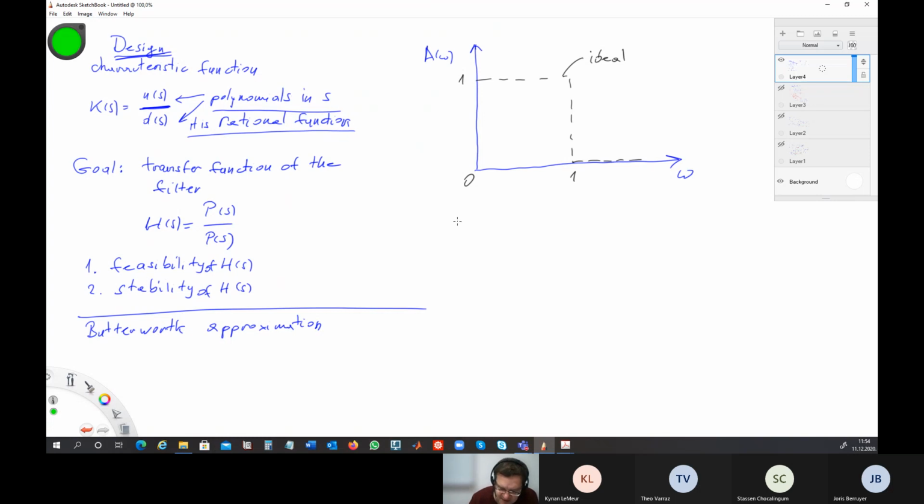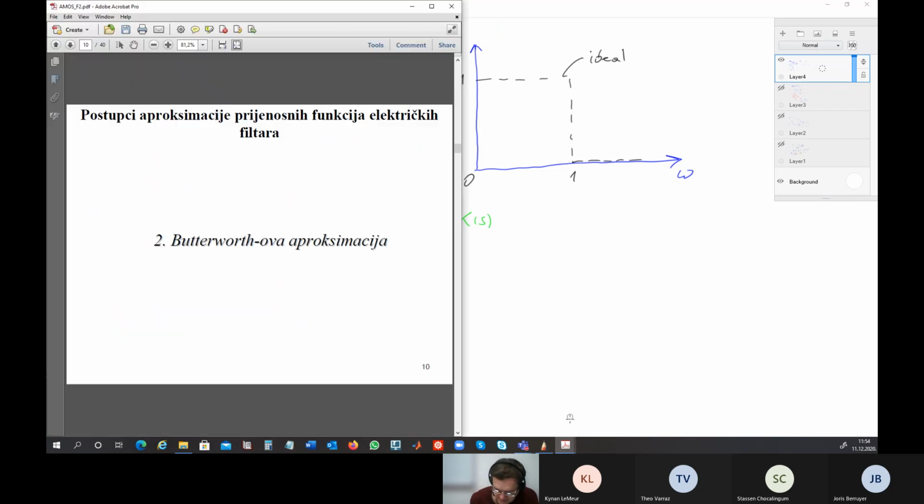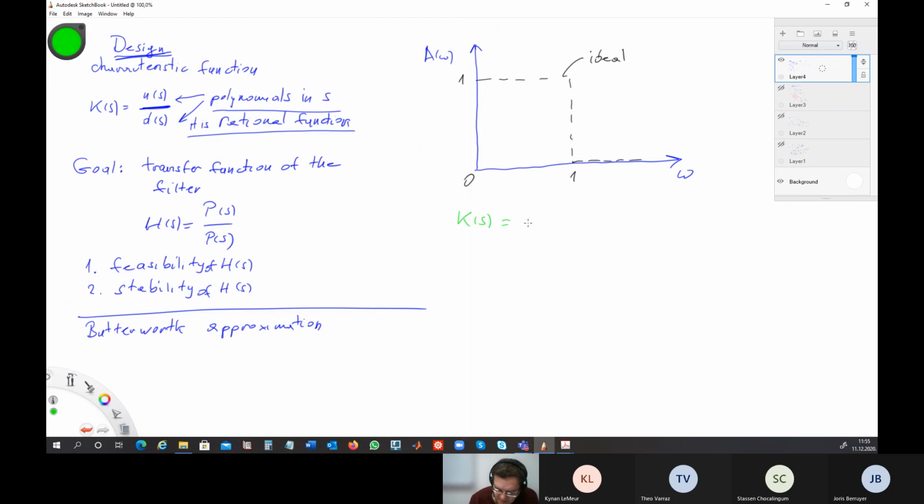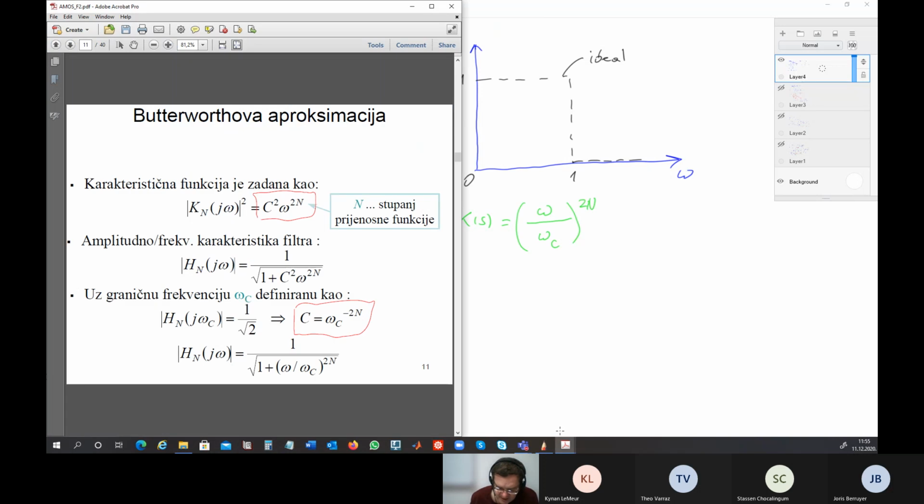So if we say that K of s is like here, if we say that this is C square, which is one constant, which we can immediately say is this. So if we say that K is equal to omega over omega C to the 2n, so this is like this, then we can write the H of s like this.